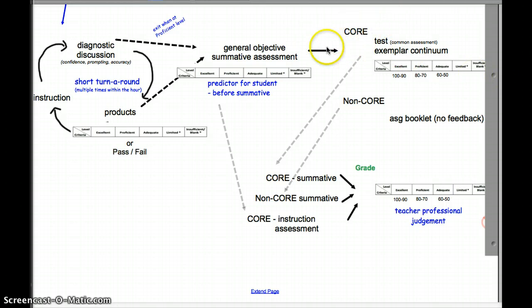If we've taught them face-to-face, a test may make sense. We have gone to common assessments in our division, and we're in that process, or an exemplar continuum. So basically two ways of assessing these objectives: exemplar continuum if it makes sense, and that would be the ideal way, or a test.